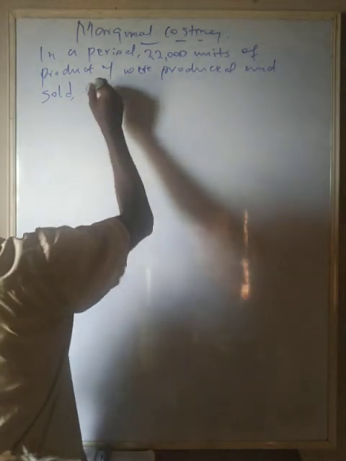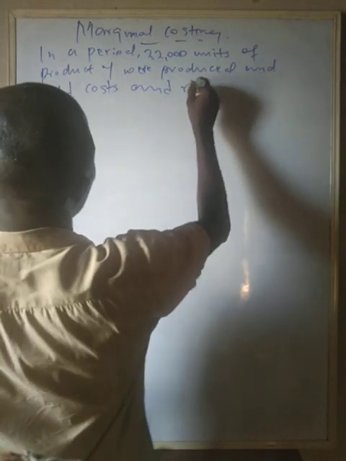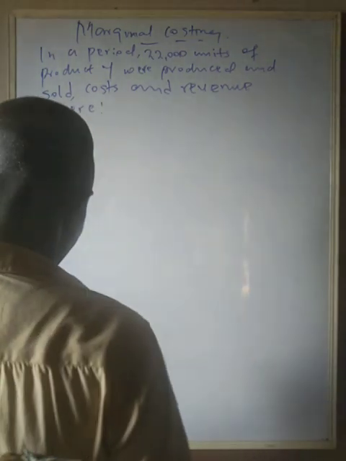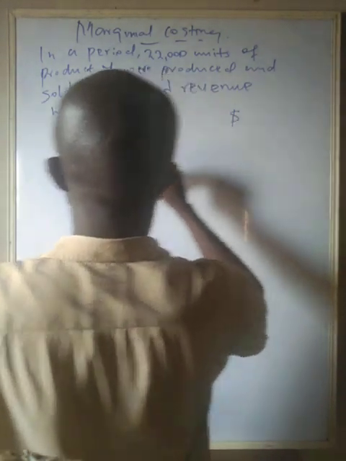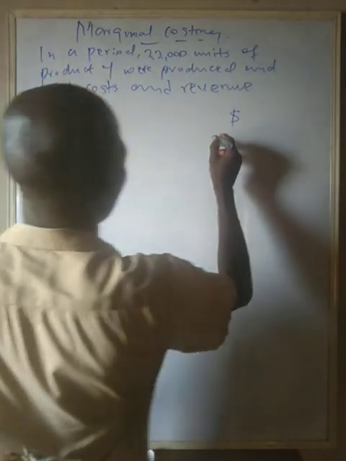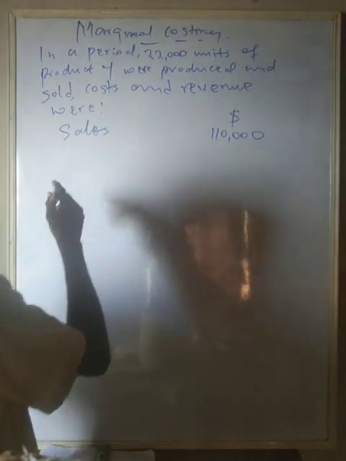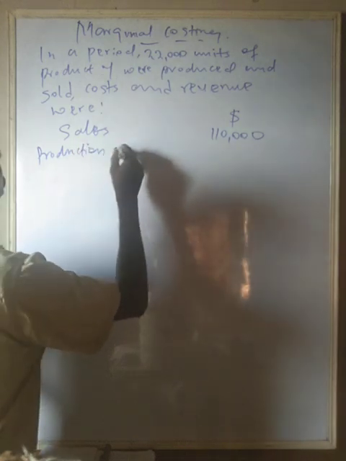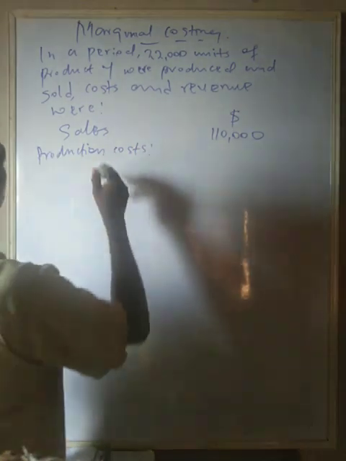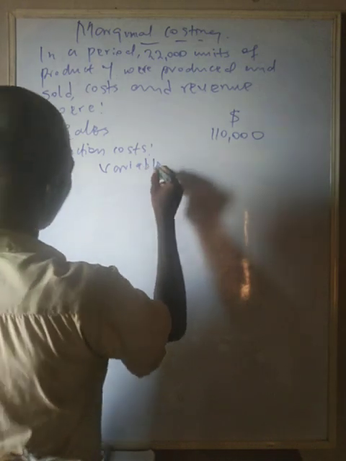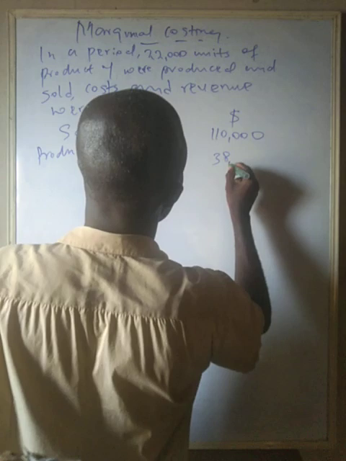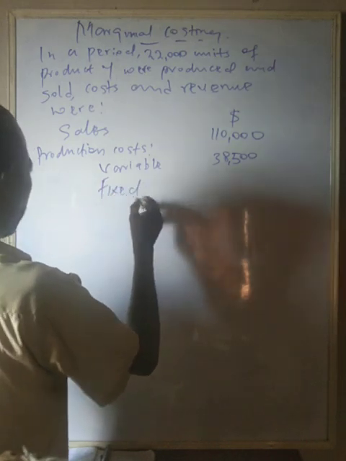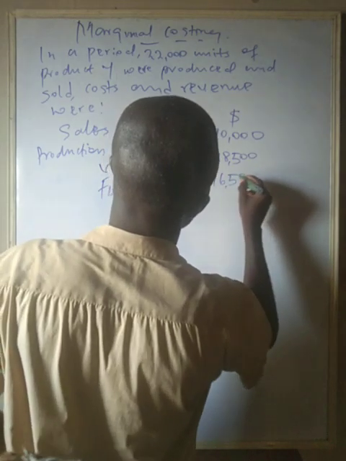Cost and revenue were $110,000. Production costs: variable $38,500, and fixed $16,500.